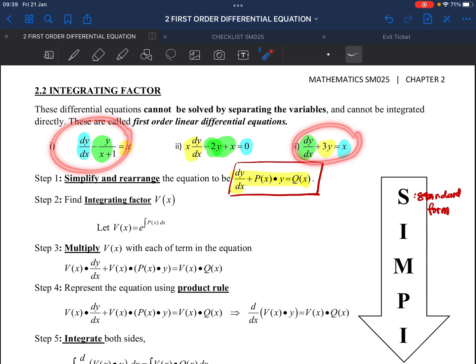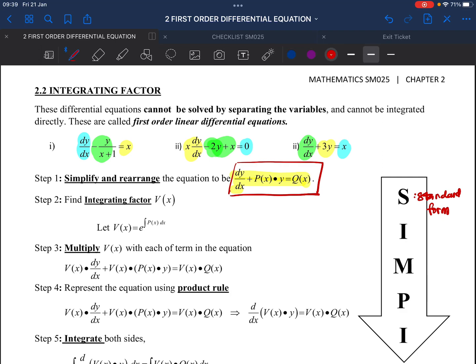Contoh ini, the first one here: dy over dx and P(x). So here your P(x) will be negative 1 over x plus 1, multiplied by y, and on the right hand side your Q(x) is just x. So that is your standard form. Given the question, you have to rearrange the equation into standard form first.